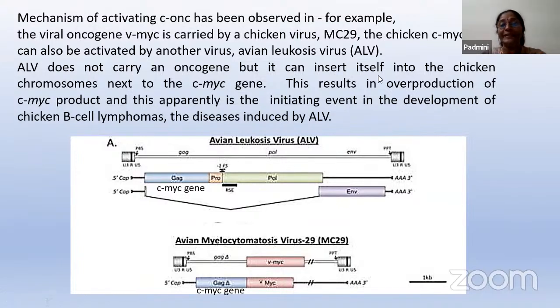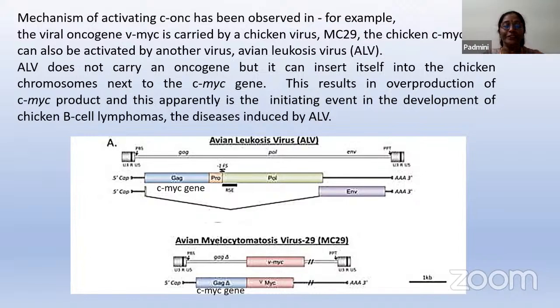But it can insert itself into the chicken chromosome, next to c-MYC. Now you have the c-MYC gene here, which is not an oncogene, it's just a proto-oncogene.